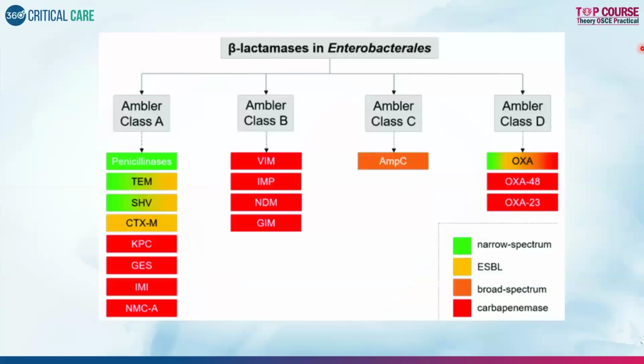There are a few examples that I want you to answer later, but Ambler's classification for drug resistance is something they will ask whenever they give you a culture sensitivity report. There are 4 classes. How are the beta lactamases categorized?